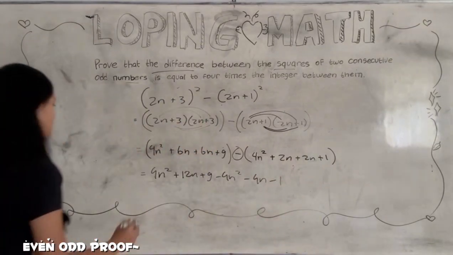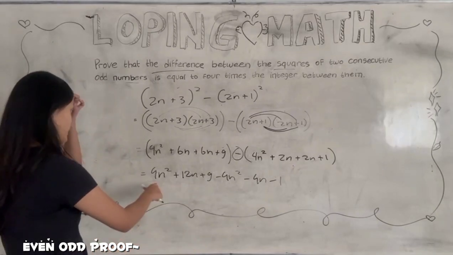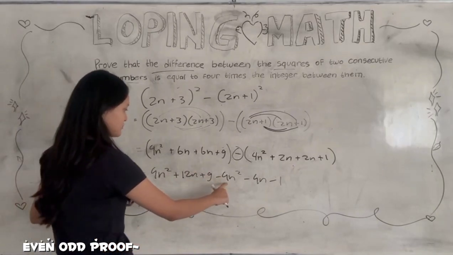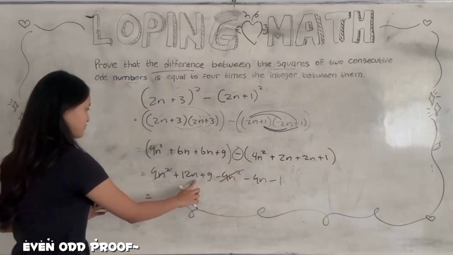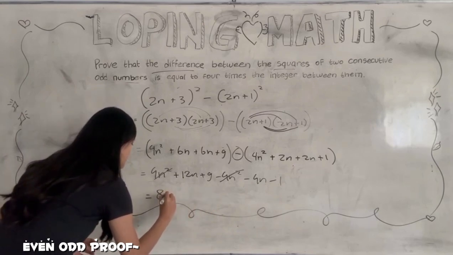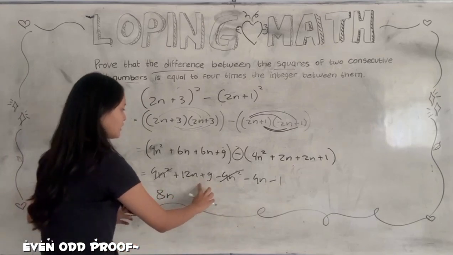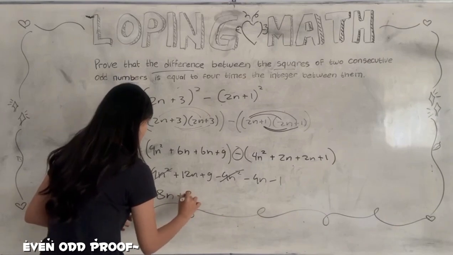There you go. And then 4n squared minus 4n squared means 0. 12n minus 4n equals 8n. 9 minus 1 equals plus 8.